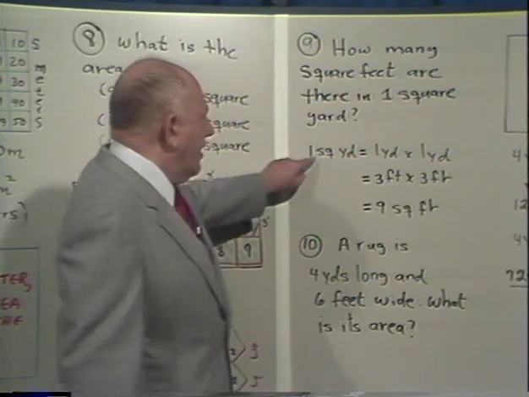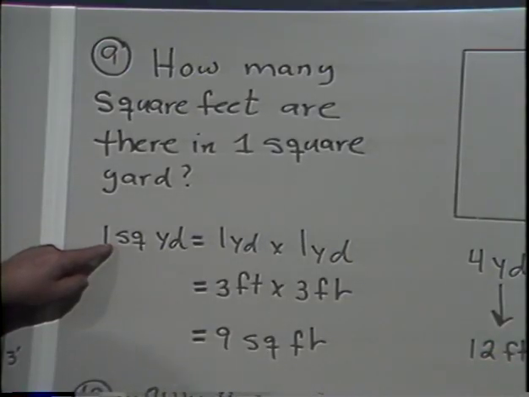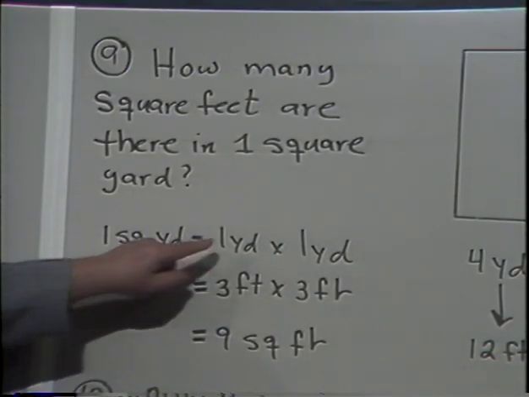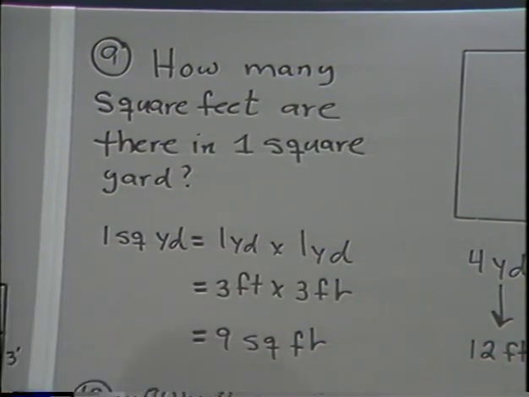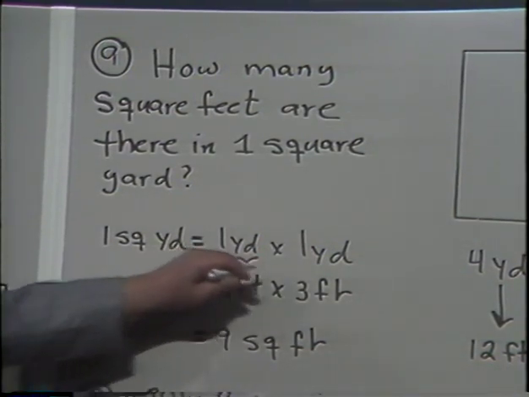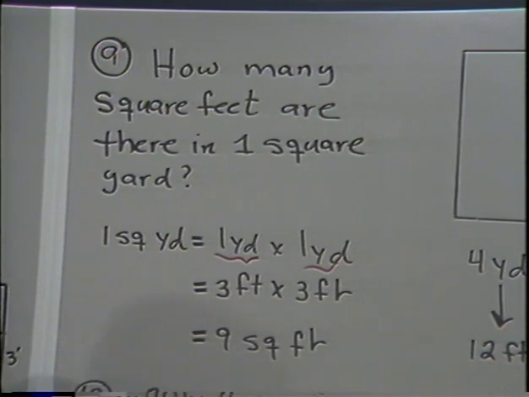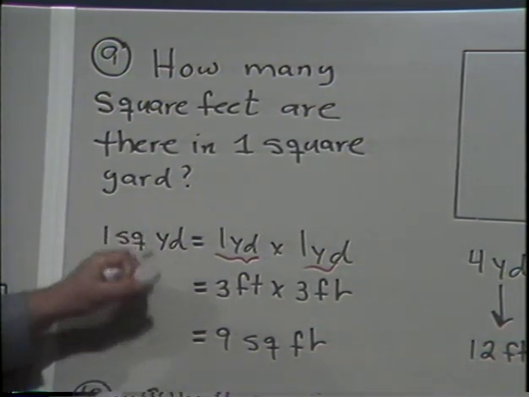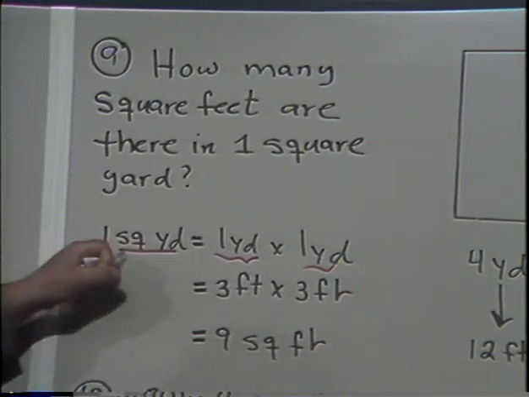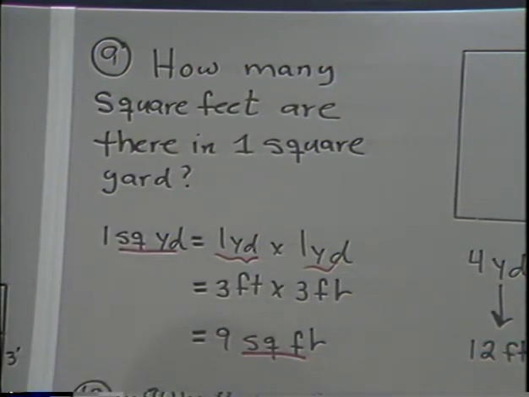See, the idea goes like this. If you don't want to draw the diagram, you say, look at, a square yard means 1 yard by 1 yard. Another name for 1 yard is 3 feet. And 3 feet times 3 feet is 9 square feet. In other words, even though 1 yard is 3 feet, 1 square yard is 9 square feet. And did you notice that from the previous problem? A 3 foot square has 9 square feet in it.